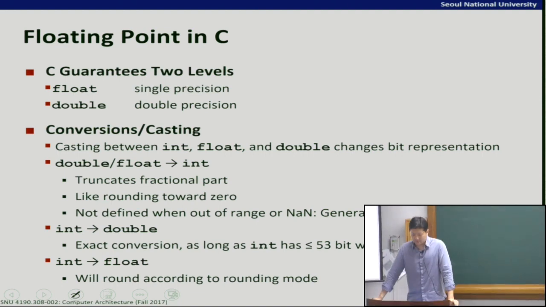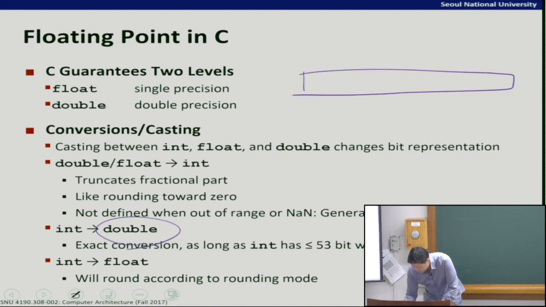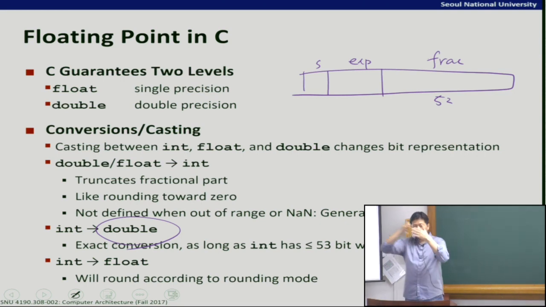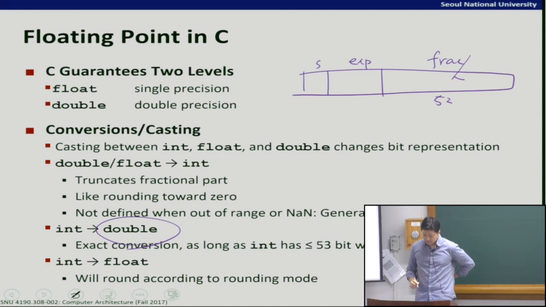Because in the double format, if you remember, there's a sign bit, exponent, and fractional bits, the exp and fraction, right? Because this one was 52. So if all the valid digits can be held within this, then you don't lose anything.